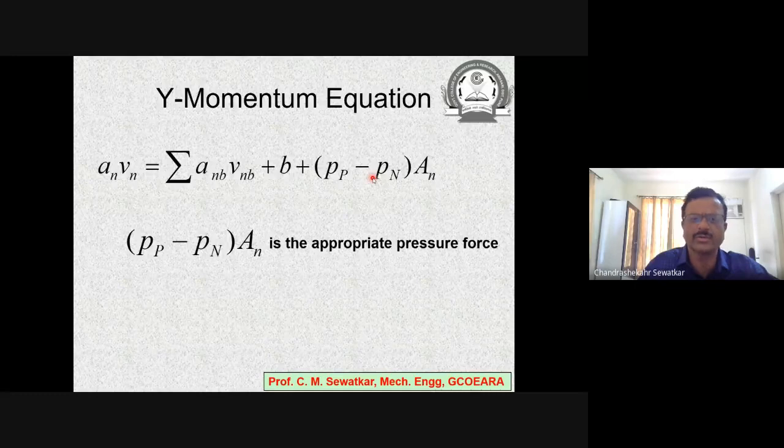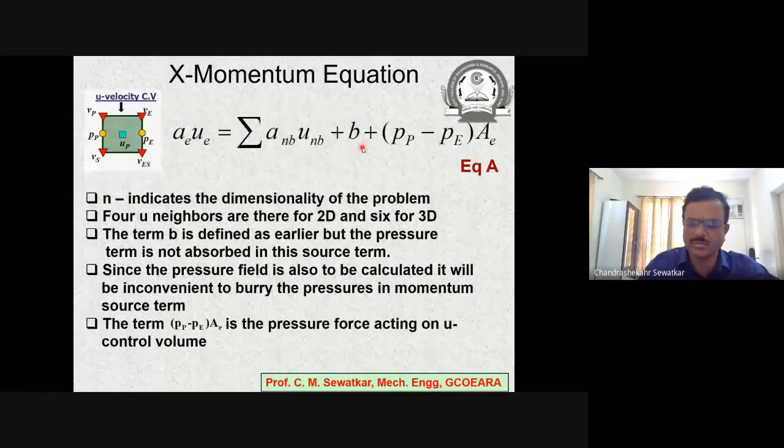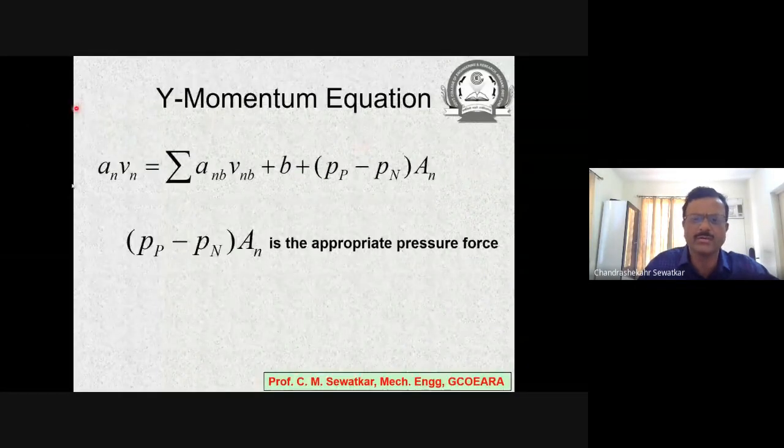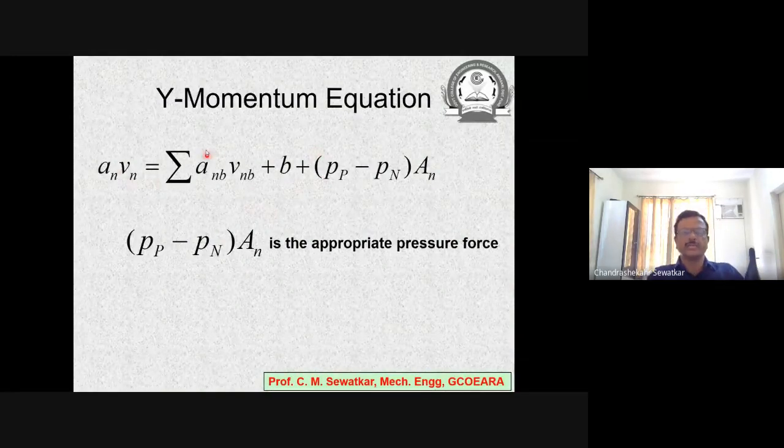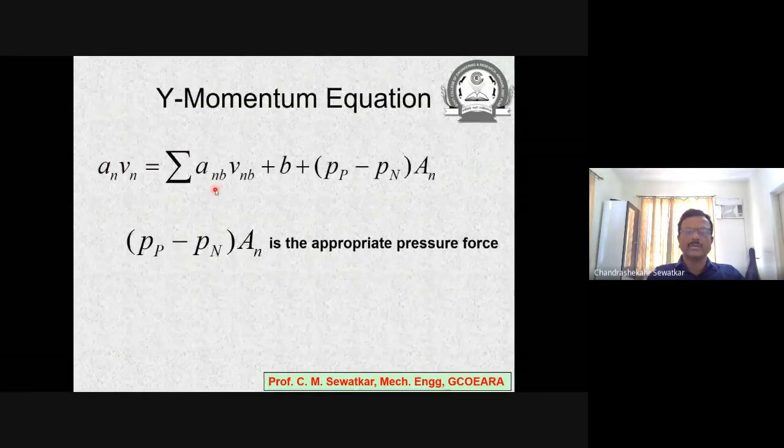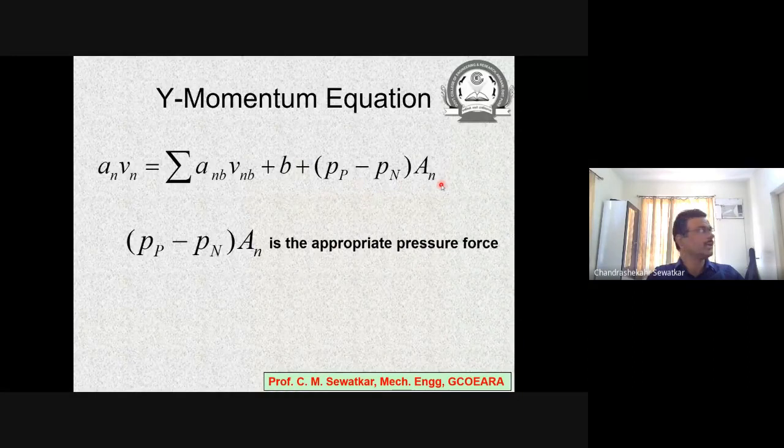I have already explained how to write the x momentum equation in this form. The y momentum equation is the summation of A and V plus B plus Pp minus Pn into An. This is my pressure force. This is a source term. We have not buried this particular term in B.